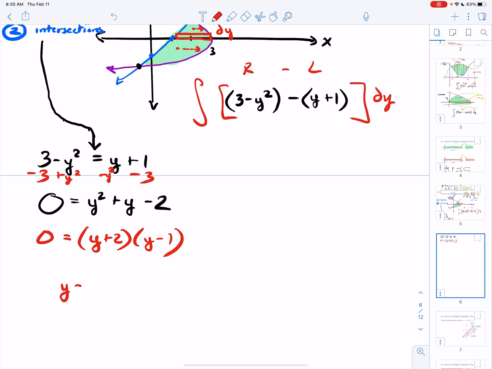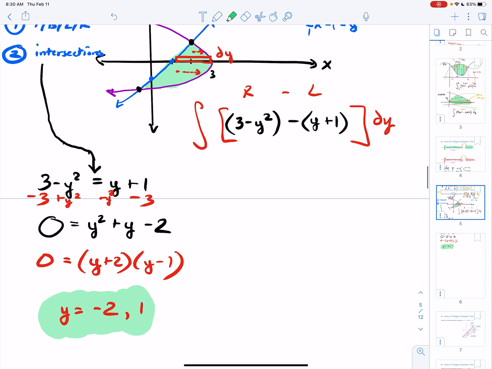So that tells me that y is equal to negative 2 and 1. The question here is, what the heck does this mean? Okay, those are your bounds, you guys. When you set your equations equal to each other and you solve for it, that is where they intersect. So here they intersect in terms of y from negative 2 to 1. Sometimes you got to do things by hand. Okay?